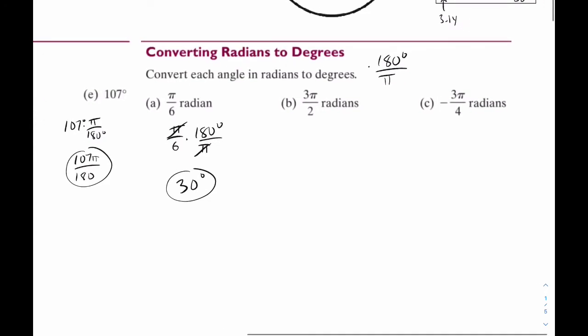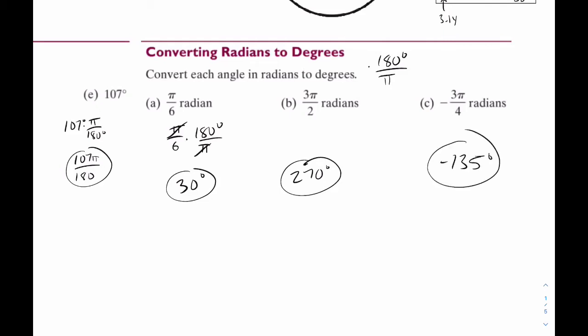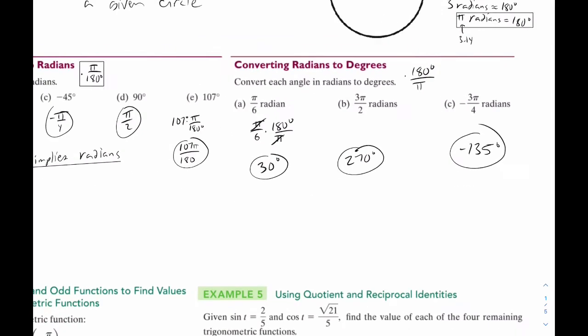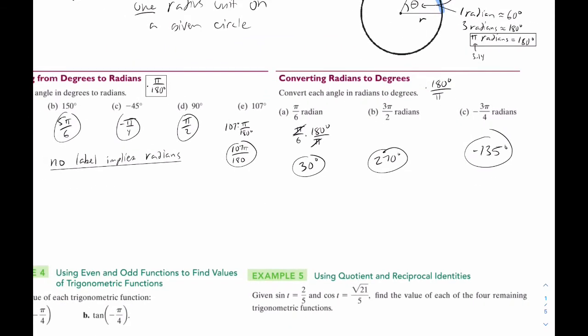So keep going, same process. You get 270 degrees for this one, and negative 135 degrees for this one. I'm going kind of faster just because this is from trigonometry, so these are all things you should be pretty comfortable with. If you do have further questions on this, please let me know, and I'll go through it slower with you.